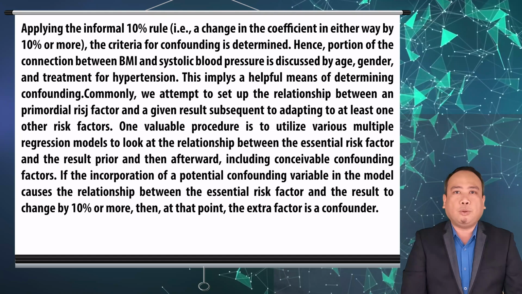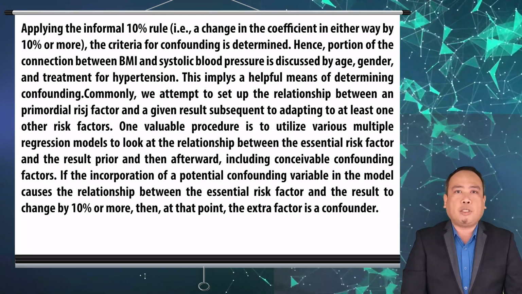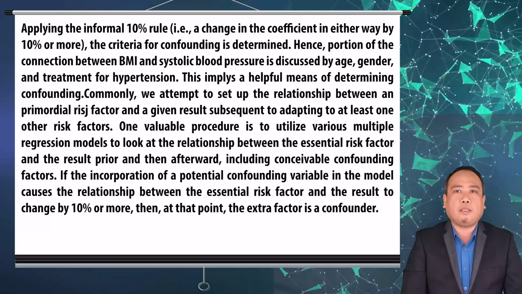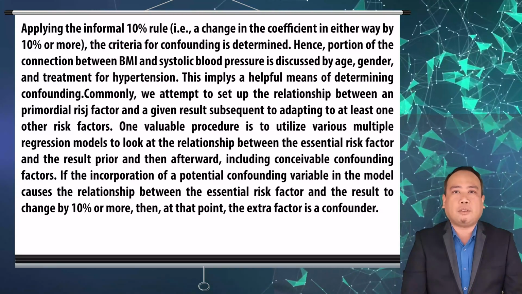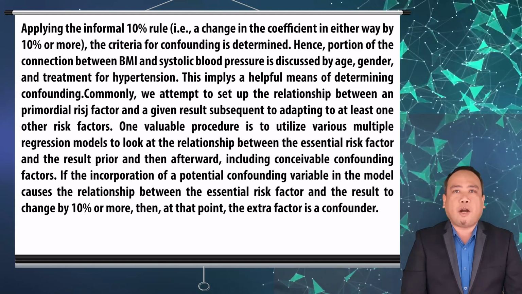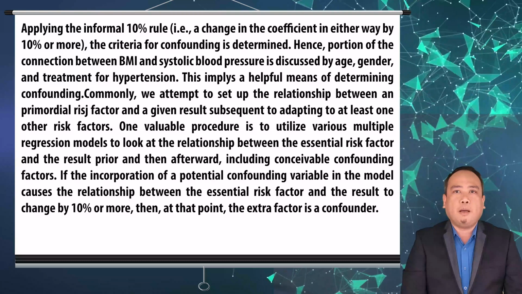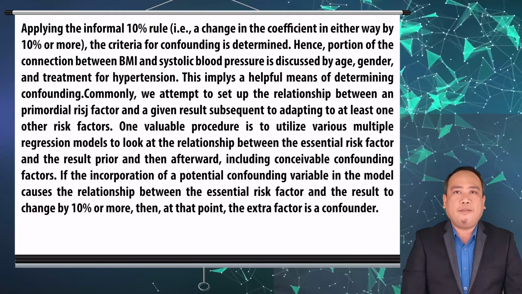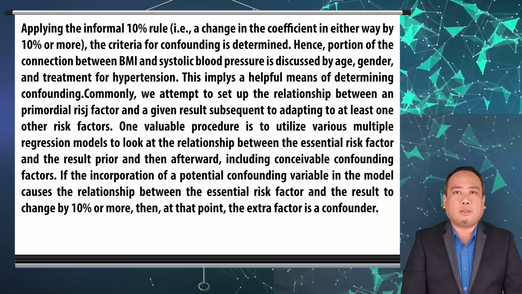Commonly, we attempt to set up the relationship between a primary risk factor and a given result subsequent to adjusting for at least one other risk factor. One valuable procedure is to utilize various multiple regression models to look at the relationship between the essential risk factor and the result before and then afterward, including possible confounding factors.